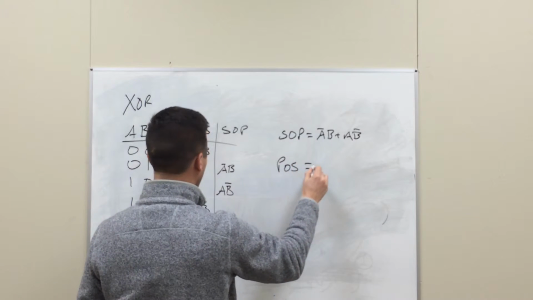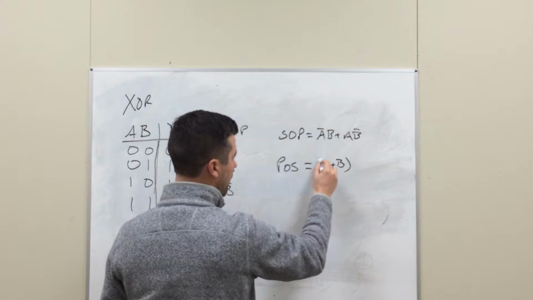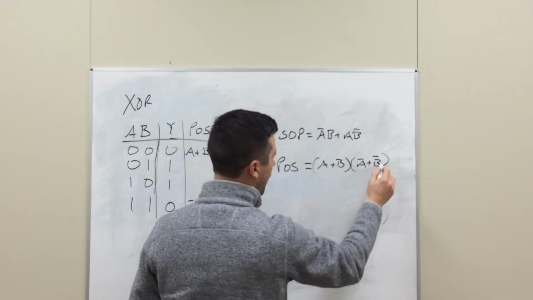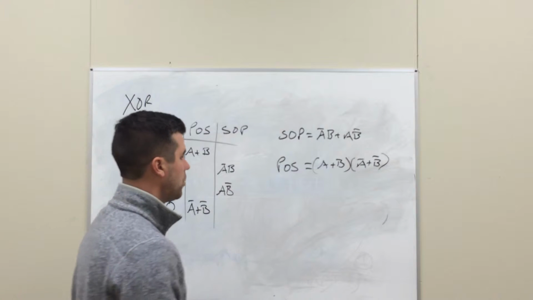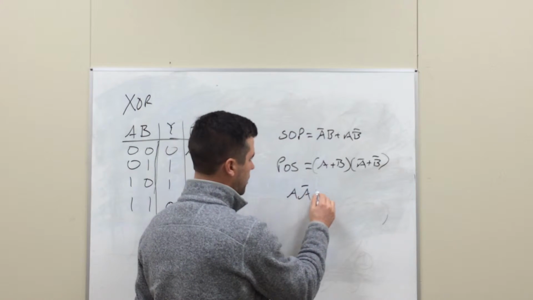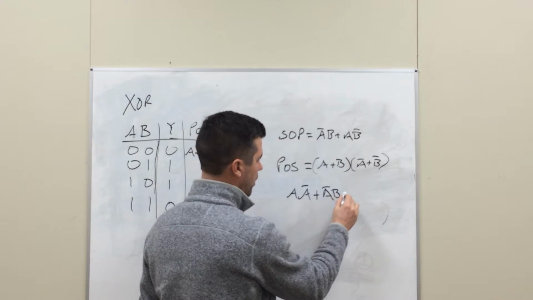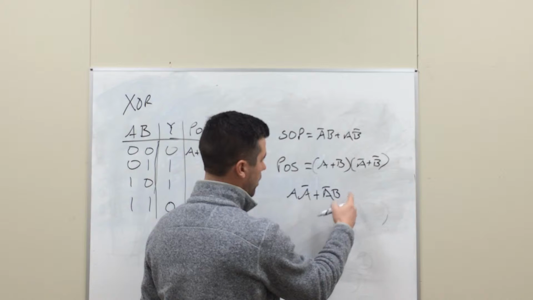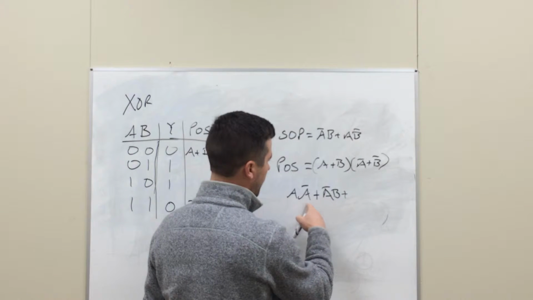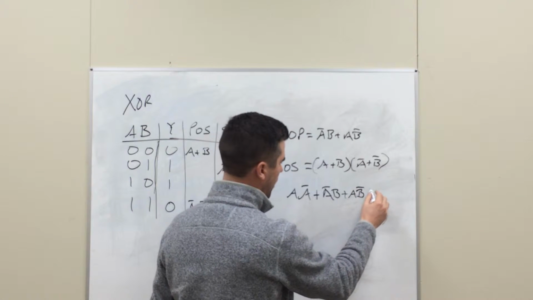POS, product of the sums is A or B, and not A or B not. So we FOIL these together, and we get this, outside, inside, first, outside, okay, B not, and then last.